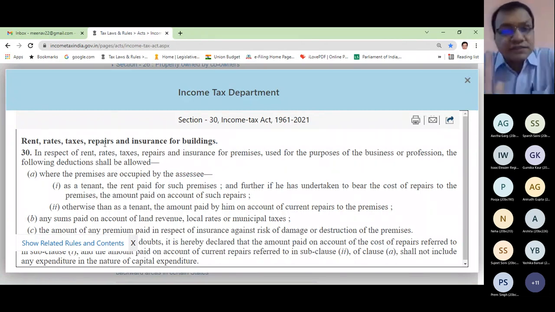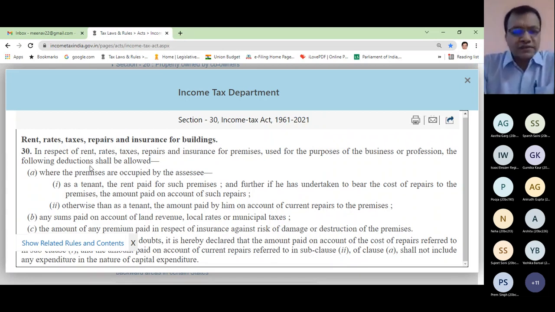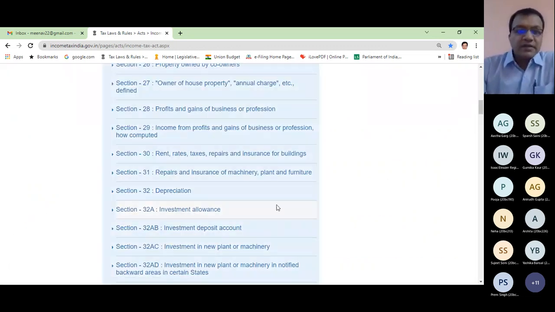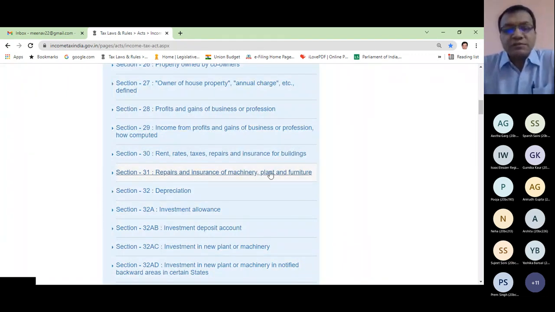As I told you, section 30 to 35 covers the expenses with a name and having some own conditions also. So these are some points written. I'm not discussing this in detail for the time being. Similarly, the next section is section 31, repairs and insurance of machinery, plant and furniture.